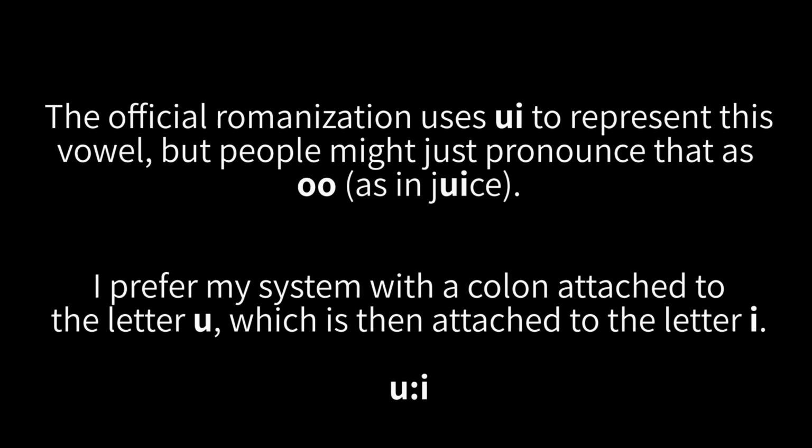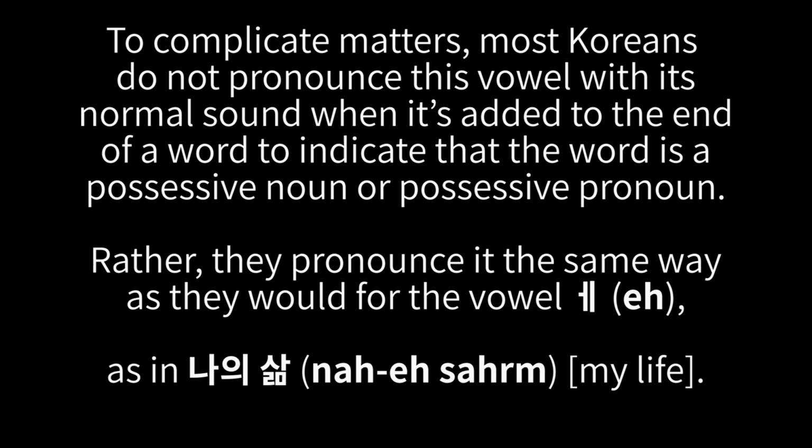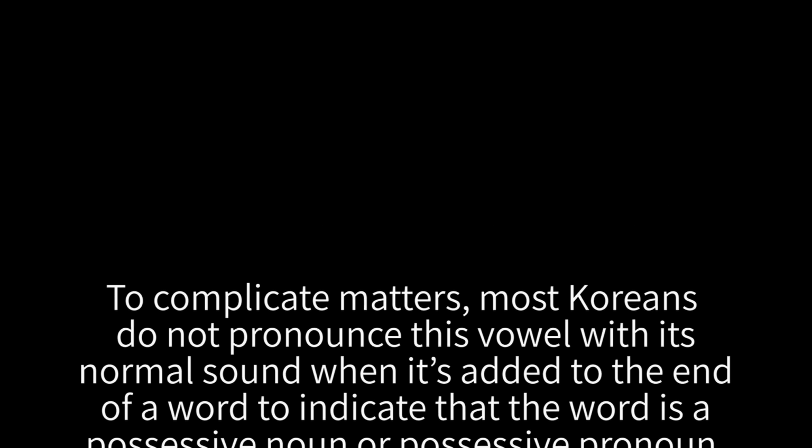I prefer my system with a colon attached to the letter U, which is then attached to the letter I. Now, to complicate matters, most Koreans do not pronounce this vowel with its normal sound when it's added to the end of a word to indicate that the word is a possessive noun or a possessive pronoun. Rather, they pronounce it the same way as they would for the vowel EH, as in 나의 삶.